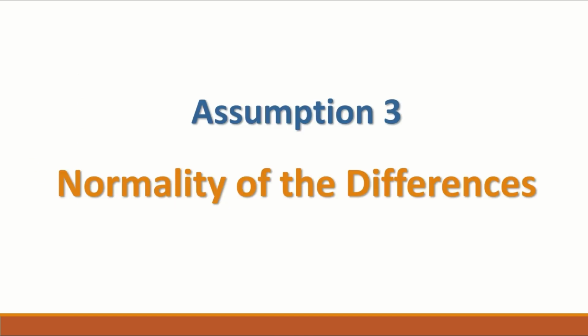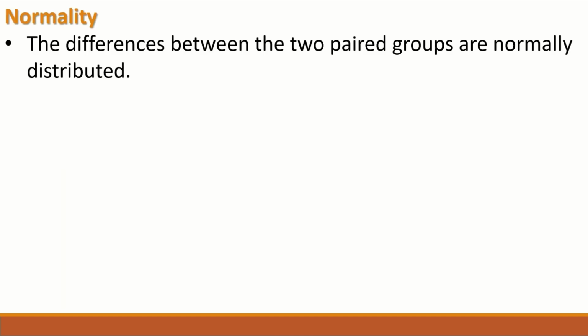The third assumption that has to be fulfilled is the normality of the differences. So the differences between the two paired groups are normally distributed. So you take the values from each group, subtract them from each other, and then check whether this data is normally distributed.